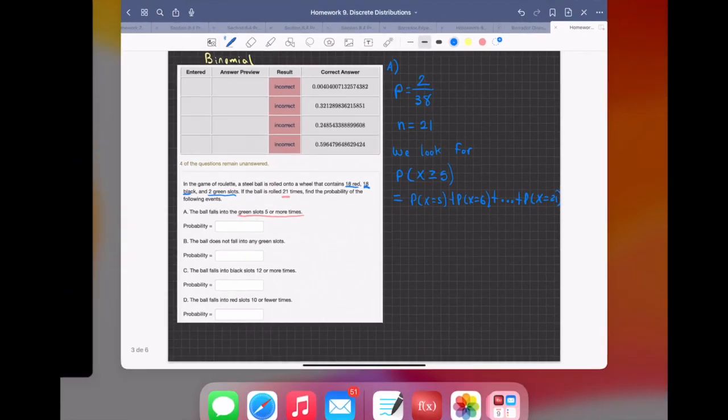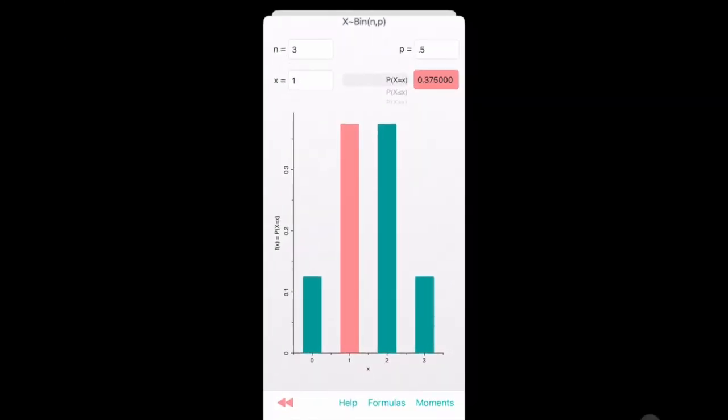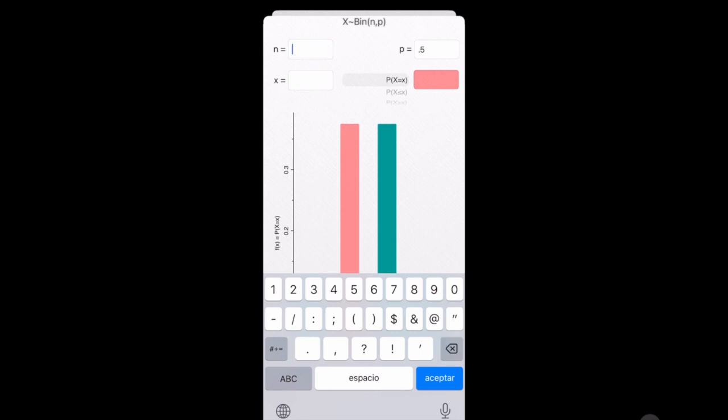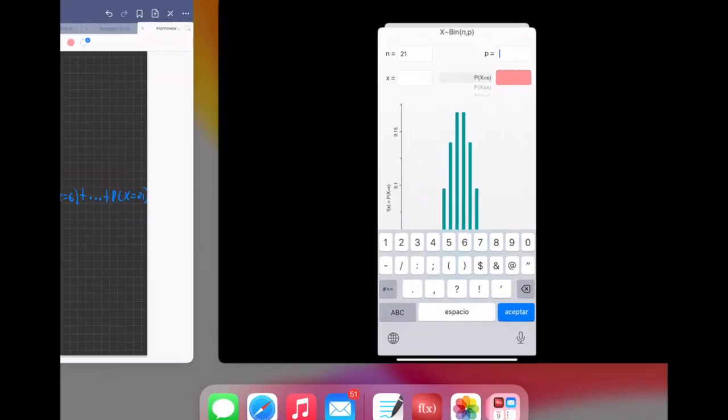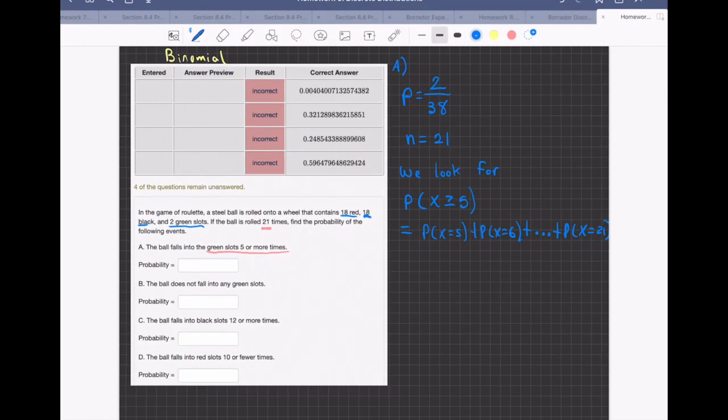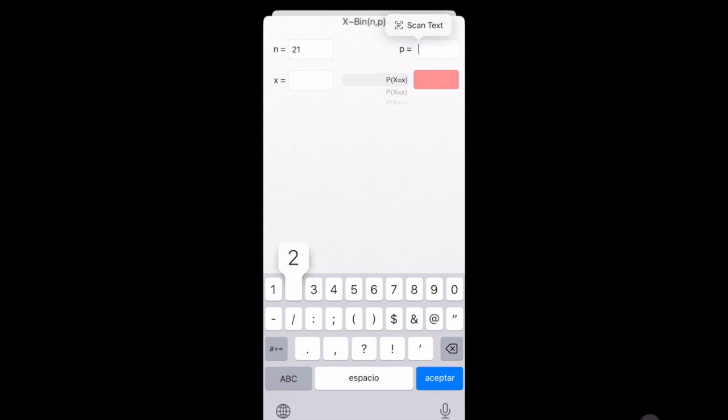So go to the application. Here n is going to be 21. For p, I think this application doesn't accept fractions. If you want to put 2 over 38, I think it's not possible. 2 over 38.